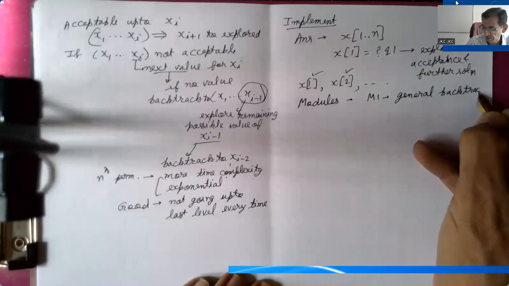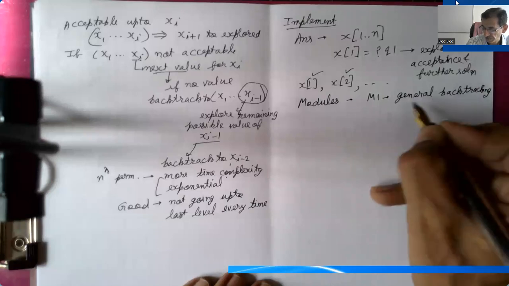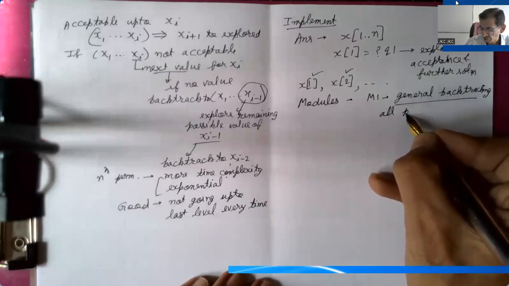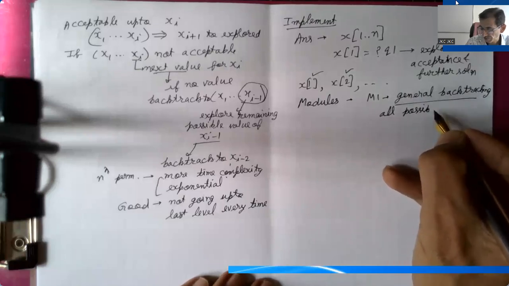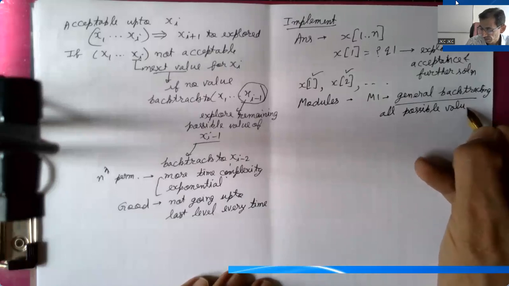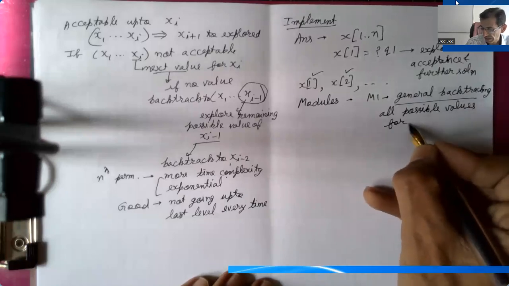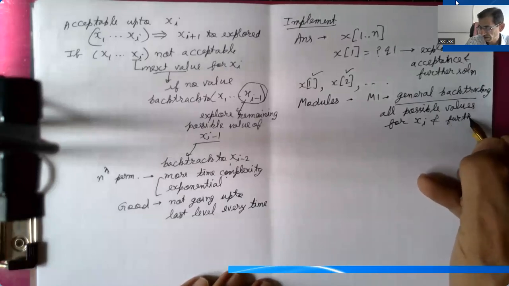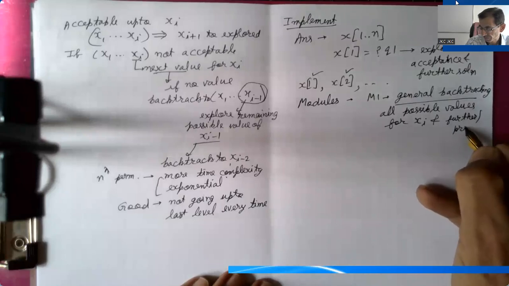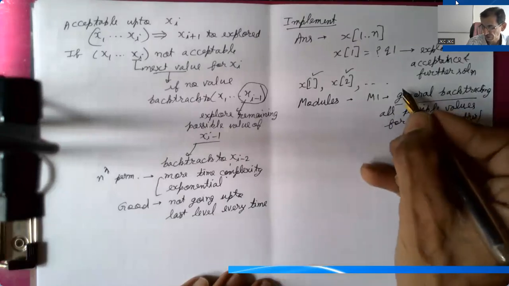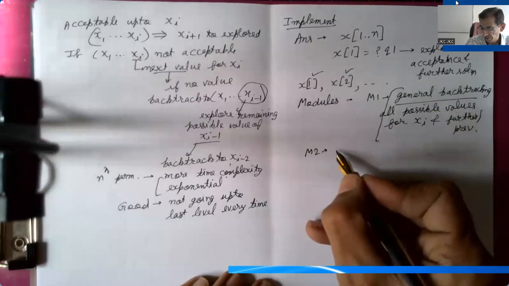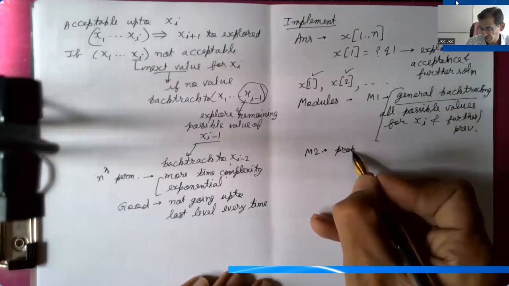Automatically, all backtracking possibilities should get explored, so all possible values for every xi and further or previous levels will be explored. That will be the general backtracking module. And the second module will be the problem-specific checks.